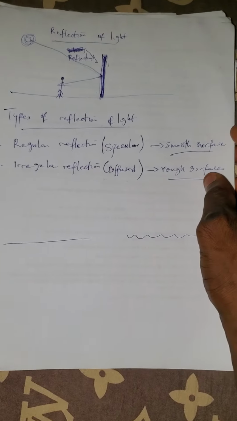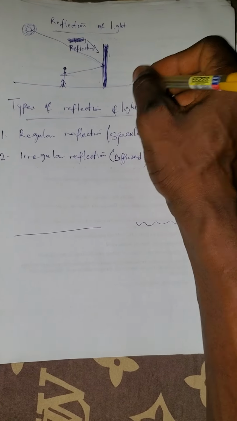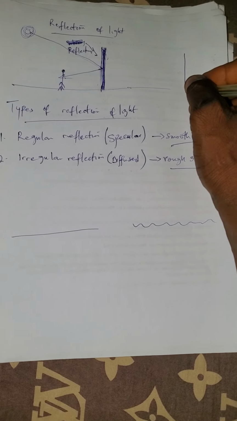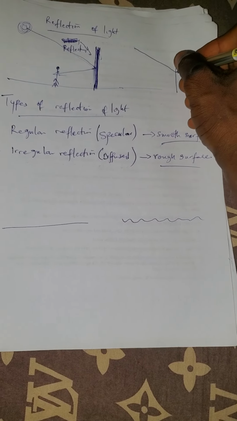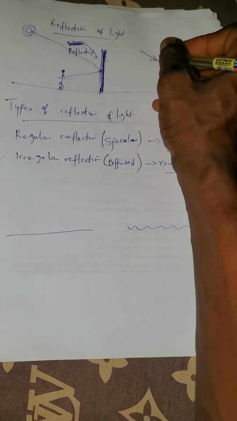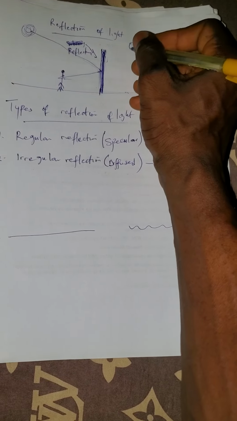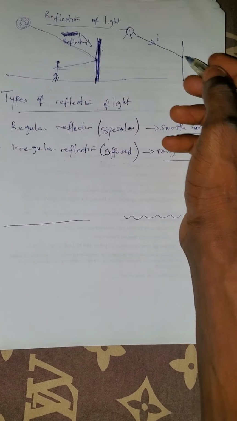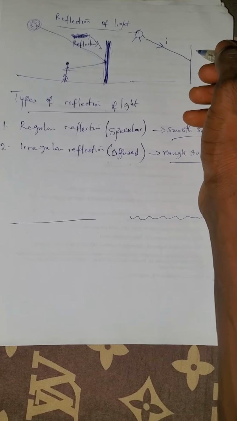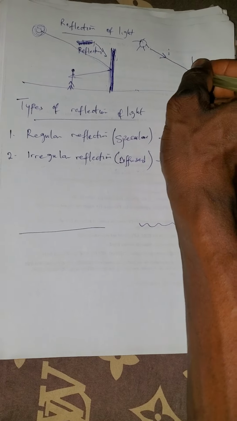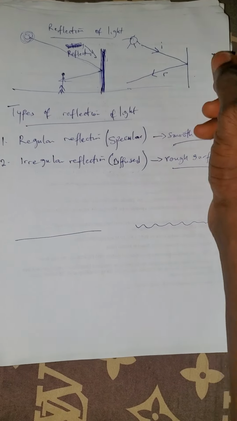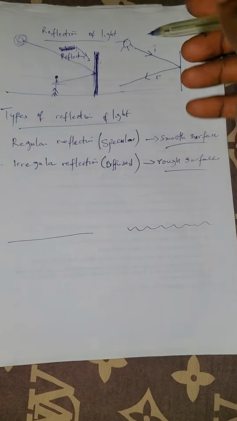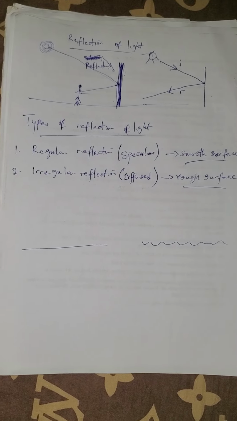Let me explain reflection first. If there's a wall or a barrier here, and you have an incident ray like this, light incident from the source of light to the barrier, it's reflected back. So the reflected ray is sent back, but the incident ray is from the source of the light.